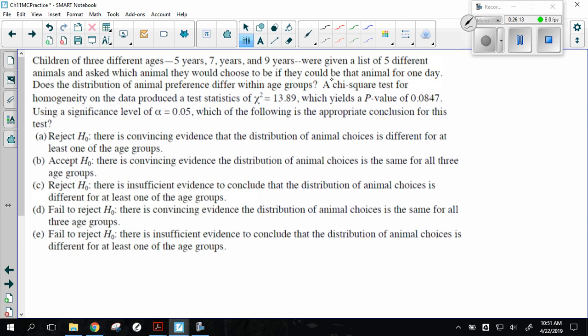Well, of course, we are going to fail to reject the null hypothesis because our p-value is greater than our alpha value. If our p-value was less than our alpha value, we would reject the null hypothesis. In this case, we're going to fail to reject. There is convincing evidence that the distribution of animal choices is the same.